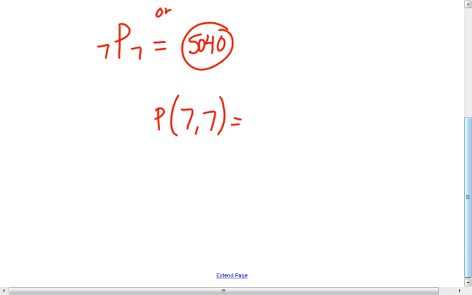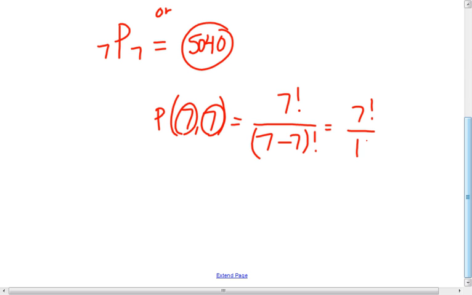And so if you follow our little formula up there, you will have 7 factorial on the top. That's this number. And then on the bottom, you'll have 7 minus this number, which also happens to be 7, factorial. And so you have 7 factorial over 1 factorial. Well, 1 factorial is just 1, and so 7 factorial over 1 is just 7 factorial. Either way you do that, again, you're going to get 5,040. Okay?